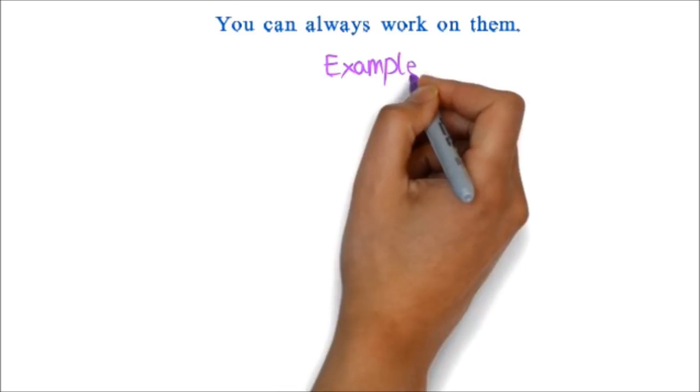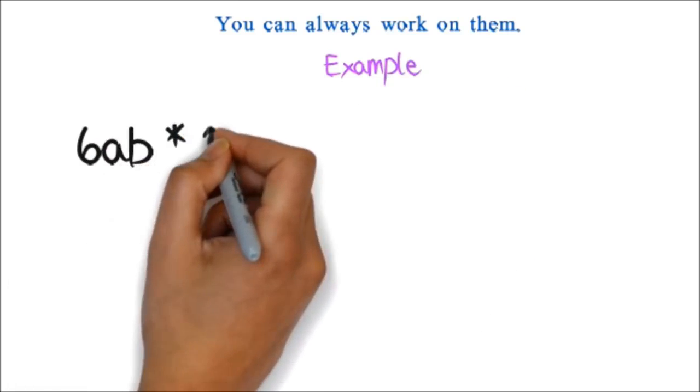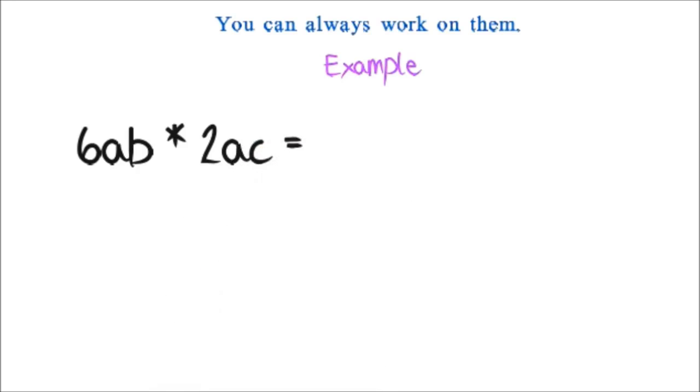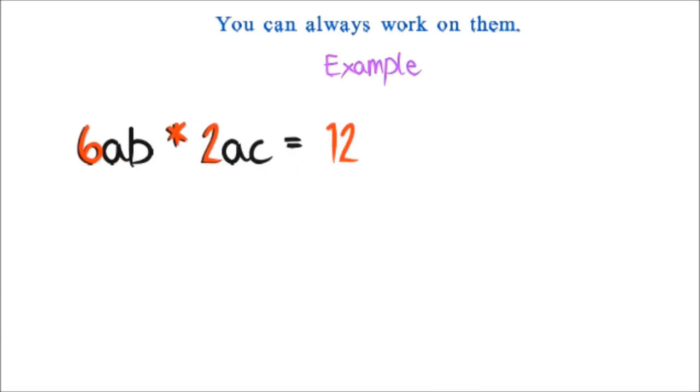Example: 6ab times 2ac. The first thing you'll do is multiply the numbers just like we did in basic math. Multiply the 6 and the 2 to get 12. Now for the letters.